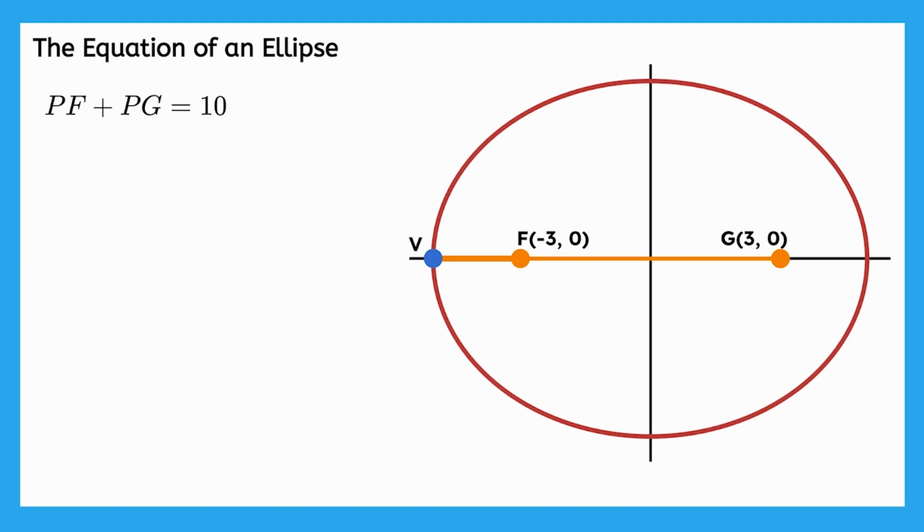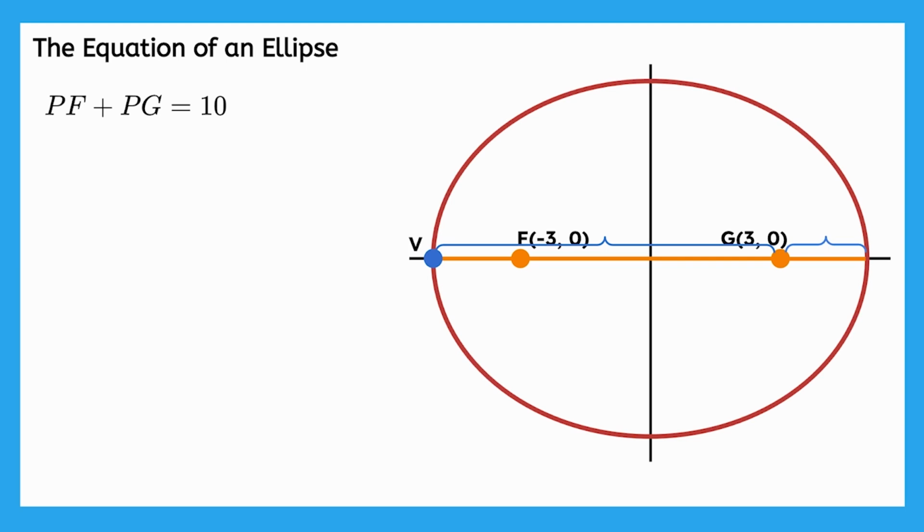Imagine pulling the string all the way to the left so that your pencil is at vertex V. The string is extended from G to V, and then it overlaps with itself from V to F. The string would span the entire major axis if it weren't for the little piece from G to the right vertex. But wait, isn't that length the same as the overlapping distance VF?